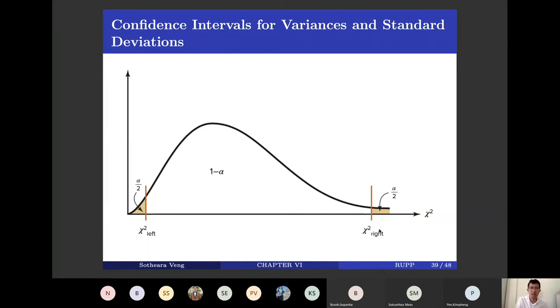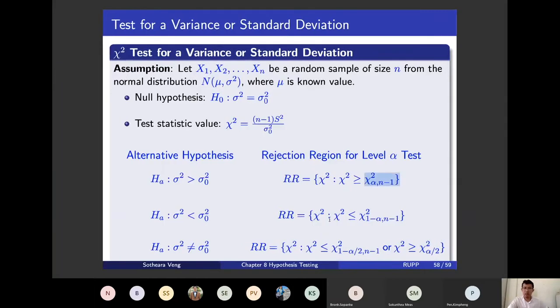But since the curve is no longer symmetric, you have to say two different things: chi-square right and chi-square left when it comes to the two-tail test. And it is nothing but here.